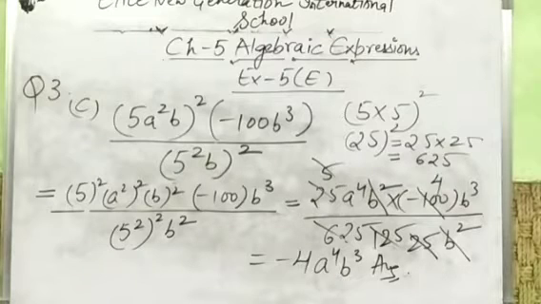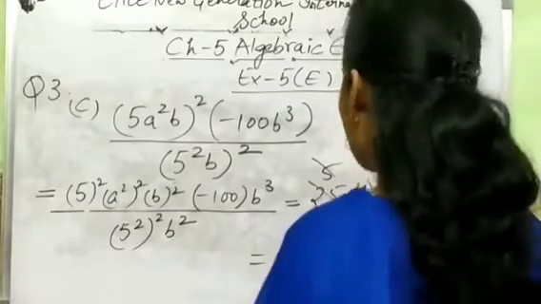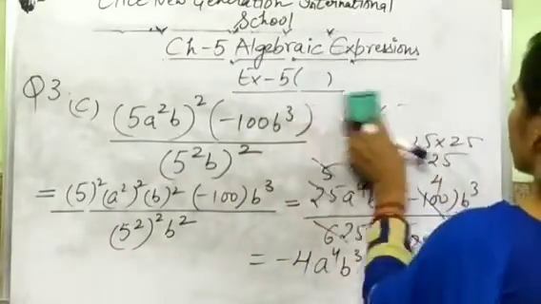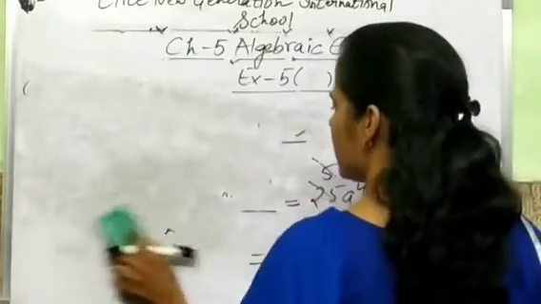Now let's understand the next topic. How can we divide a polynomial by a monomial? Okay, a polynomial by a monomial. So let's do some questions from exercise 5F. All exercises are very easy.